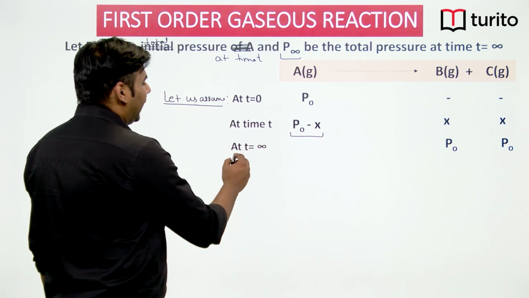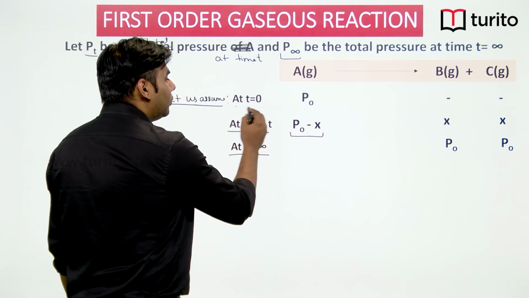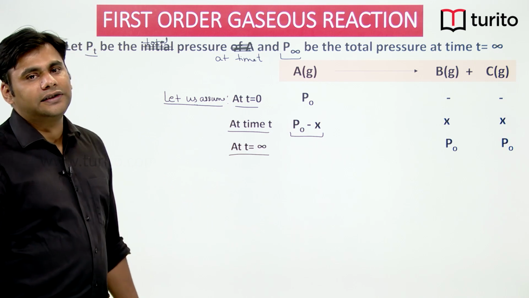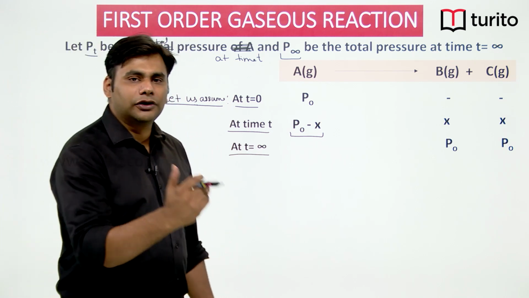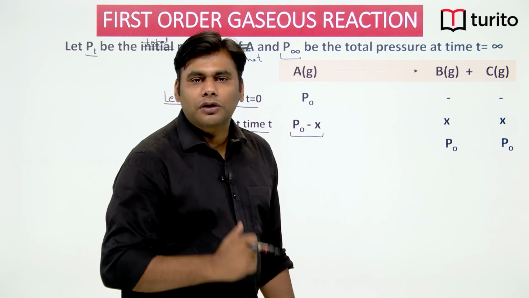Now what would happen at time t equals infinity? We know that a first order reaction is never complete. We have already derived in the previous lecture that At equals A naught times e raised to minus Kt.